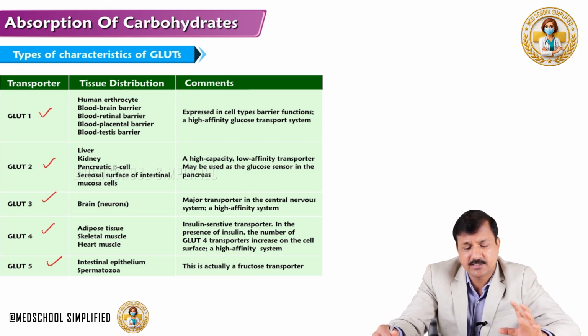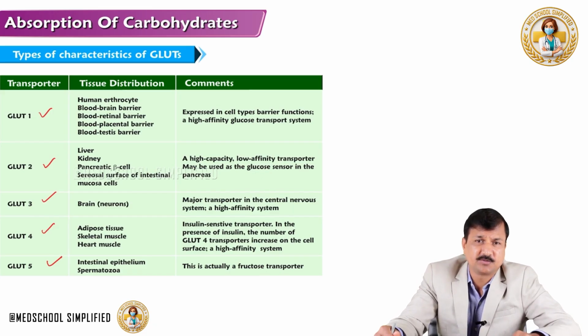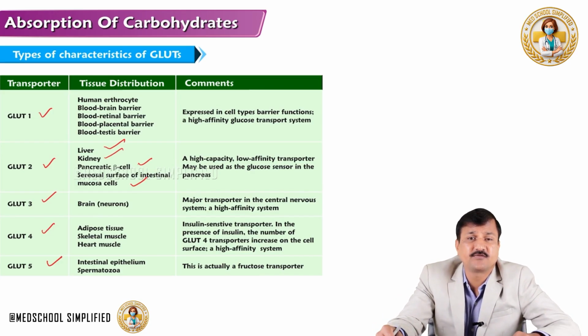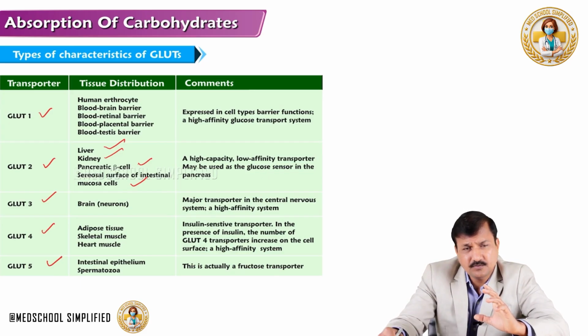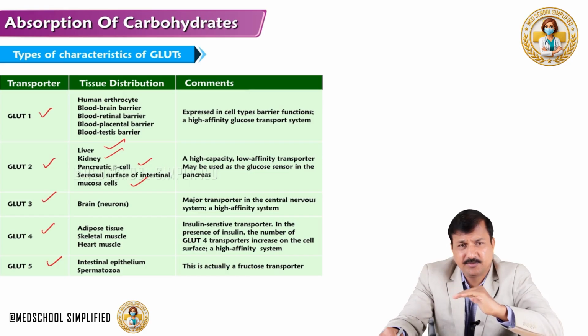GLUT1 transporters are high affinity transporters. Remember that. GLUT2 transporters are usually present in the liver, kidney, beta cells of the pancreas, and the serosal surface of intestinal epithelial cells. These are low affinity transporters, that means they have high Km and high Vmax.